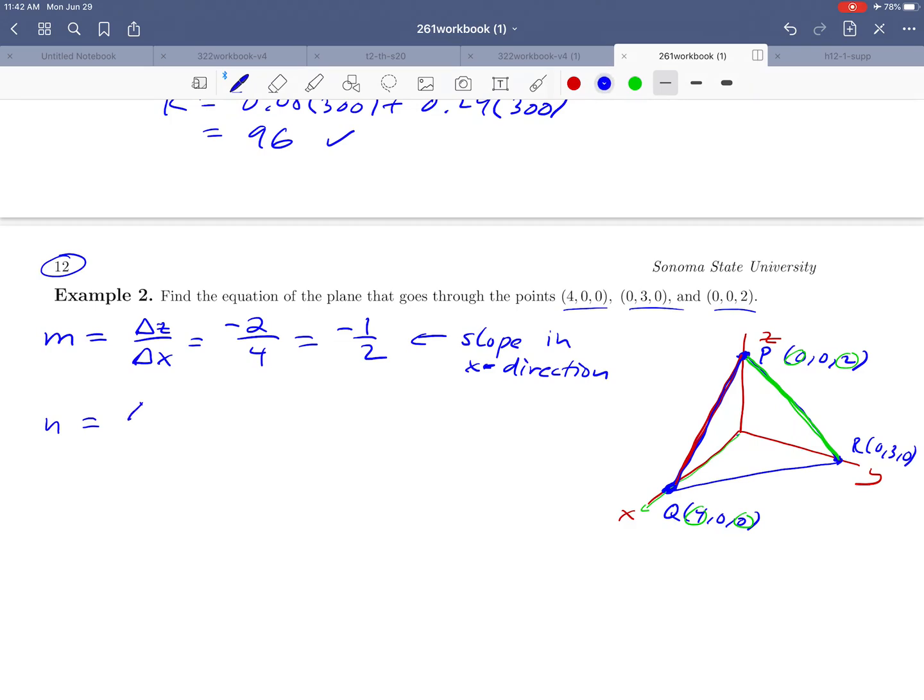Finding that slope is about measuring the change in z over the change in y. From P to R, we're going from z equals 2 down to z equals 0. So again, that's a change of -2. How much is y changing along that segment? Well, y is going from 0 to 3. That's an increase of 3. And so we're going to get -2/3 as our slope in the y direction.